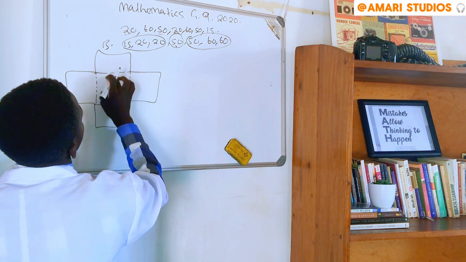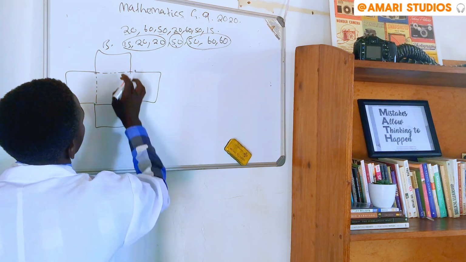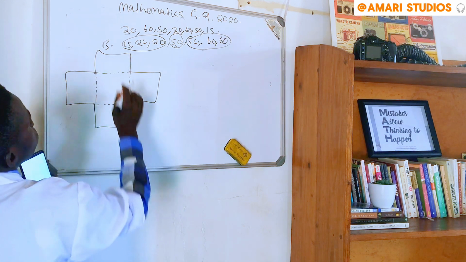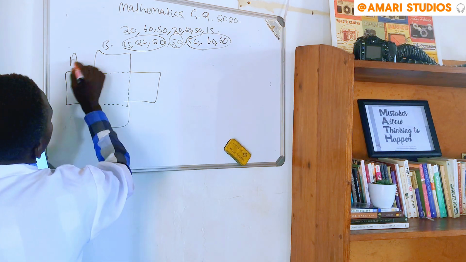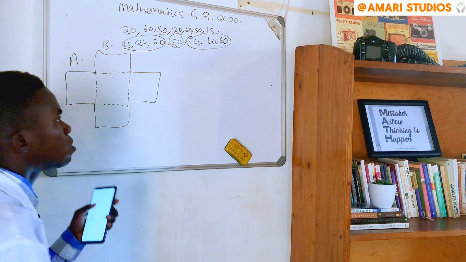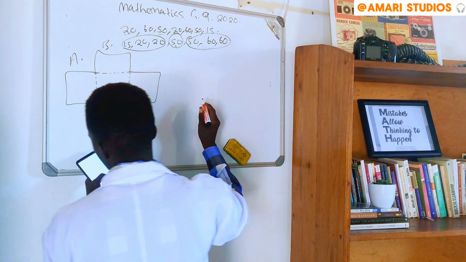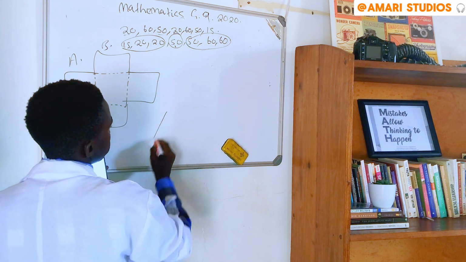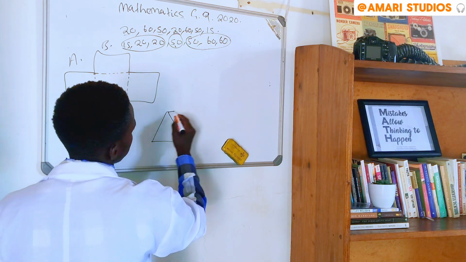As you can see, that's our question here, and this first diagram is representing option A. Then we have the second diagram, which is like this.